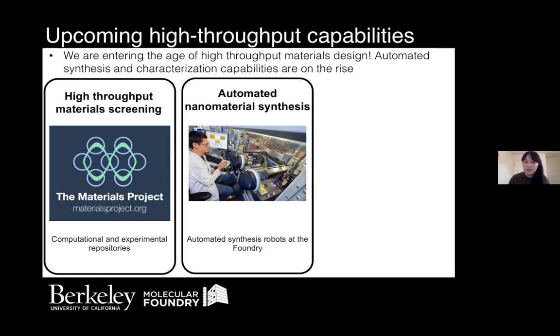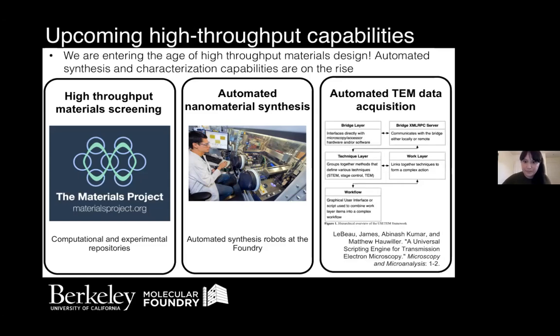And then you can look at the array of functionalities that you get from that library and decide which one is best. And similarly, this is some work from Jim LeBeau at MIT, where he's developing pipelines for automated TEM data acquisition. So increasingly, we can automate the data acquisition, the synthesis, and even have tools to guide in a very broad way what materials we should be studying.